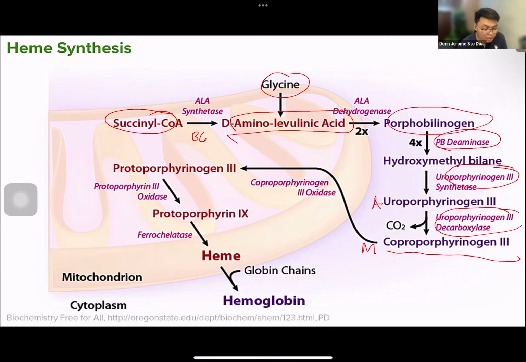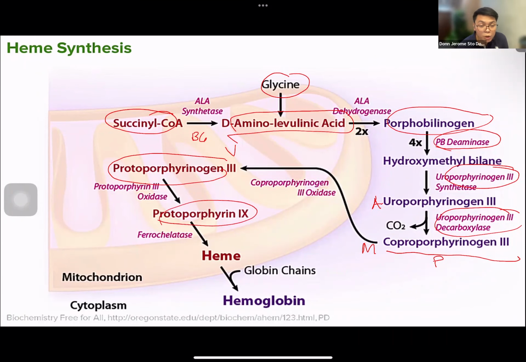Coproporphyrinogen 3 will go back in the mitochondria to undergo series of oxidation, initially to your protoporphyrinogen, converting some of the propionate side chains to vinyl side chains. Protoporphyrinogen 3 would undergo another oxidation by protoporphyrinogen 3 oxidase, forming now your protoporphyrin 9.